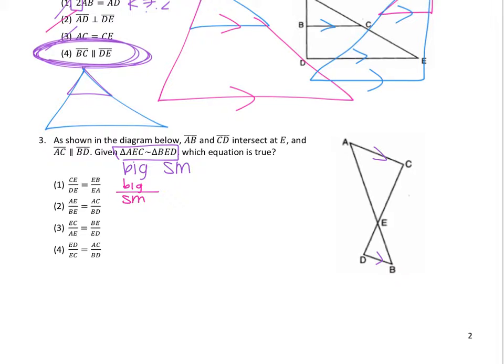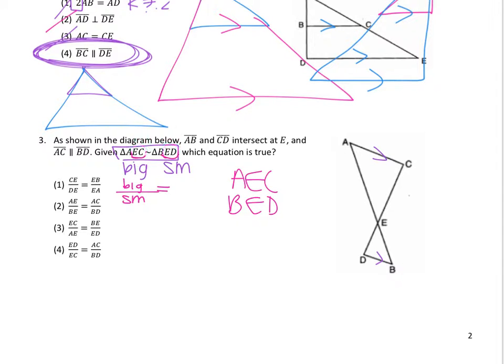Now we have to not just assume that it's true, we actually have to check. EC is here, or CE, and DE is here. They're both on the back end of these two triangles similarity statements, like AEC, BED. They match up. Okay, so we're good so far. Then we have the equals, and we go with EB.